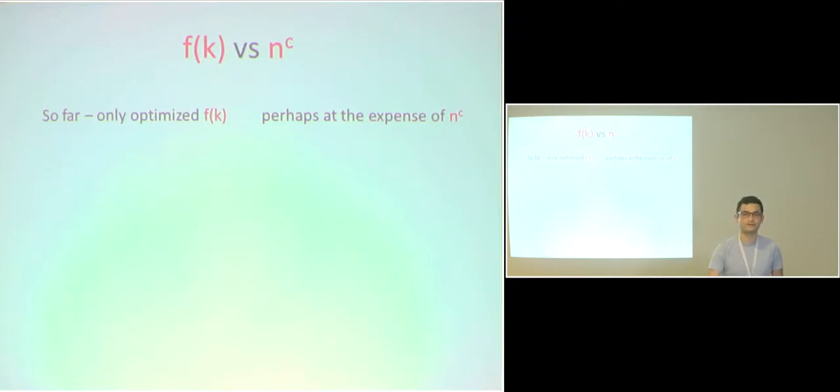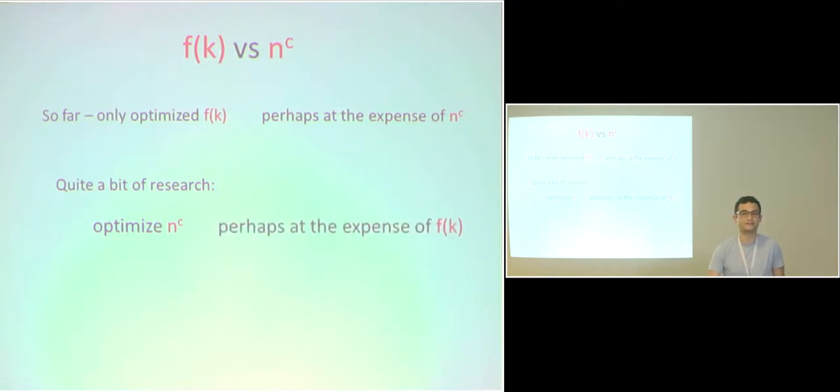Other than the salesman argument that both matter, there's also the theoretical argument that maybe one should just look at the polynomial factor and completely forget about the f of k. So there's actually quite a bit of research that has gone into optimizing the c in n to the c, completely forgetting about f of k. And why is that?